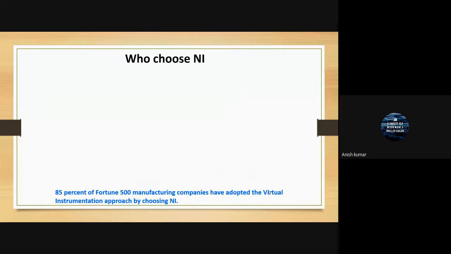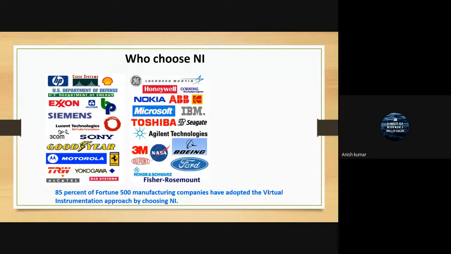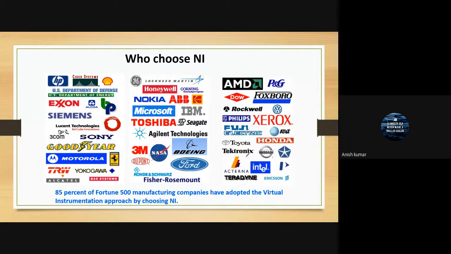And that's why this was chosen by so many top Fortune companies. I'll show this slide for a minute. HP is using it, Siemens, Motorola, Yokogawa, and some of the companies are missing here; in the slide I have mentioned only a few. Nissan is using it, Boeing, NASA.